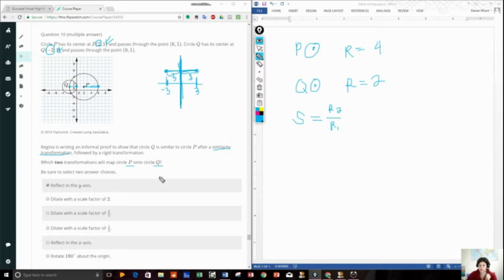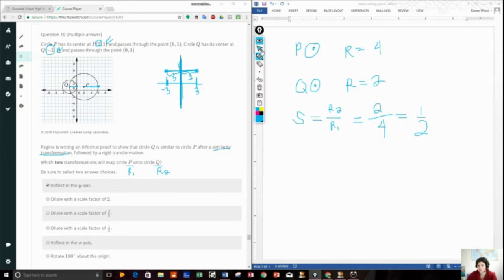That's my first one, radius 1, radius 2. So we're going to have 2 as Q's radius, since Q is representing our radius 2, and the radius for P, since it's representing our radius 1, is 4. So we're going to have 2 divided by 4, which reduces down to 1/2.